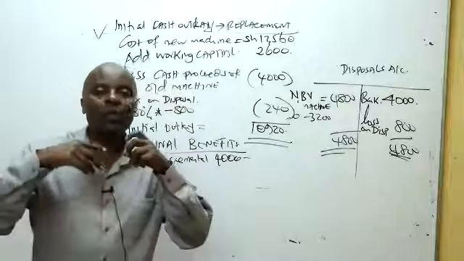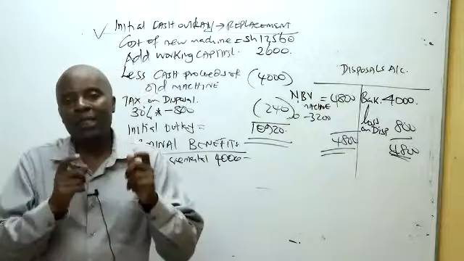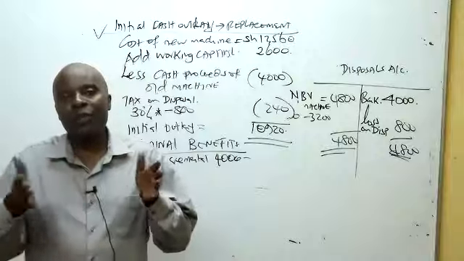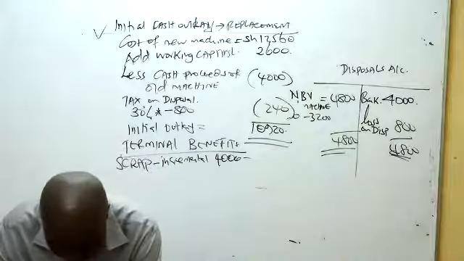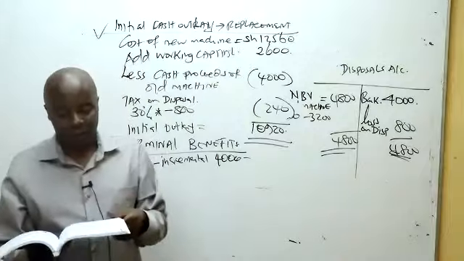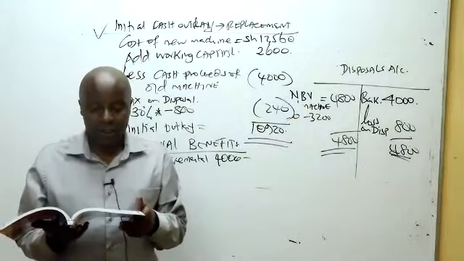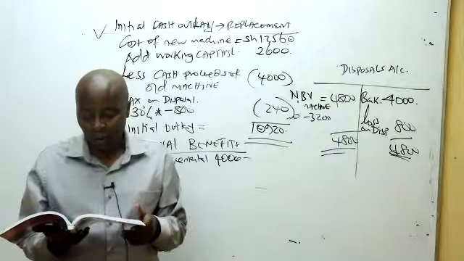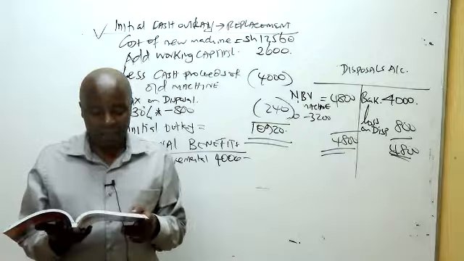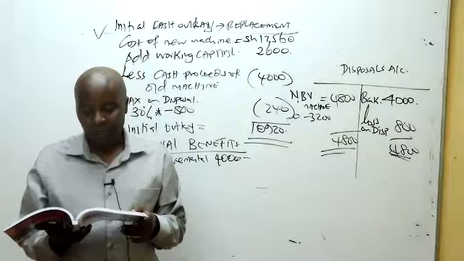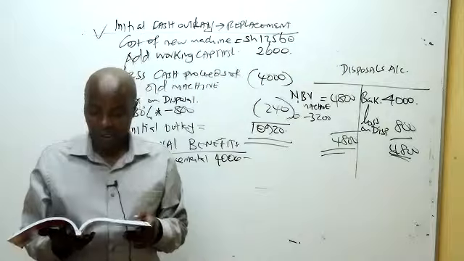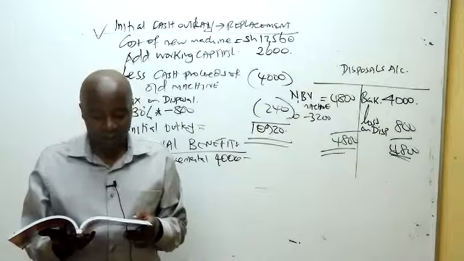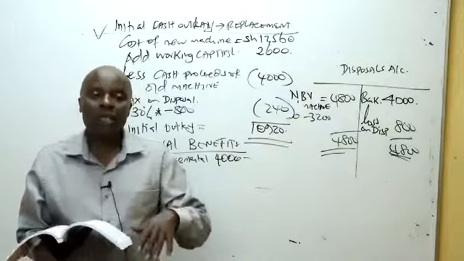Remember, when we took in this old machine for evaluation, after 2 years, they gave us new information. Let us read the first paragraph very well. We are told that a Limited is contemplating the acquisition of a new machine to replace the one currently being used in the production process. The existing machine was acquired 2 years ago at a cost of 8 million. It was estimated to have a useful life of 5 years with no salvage value at first.